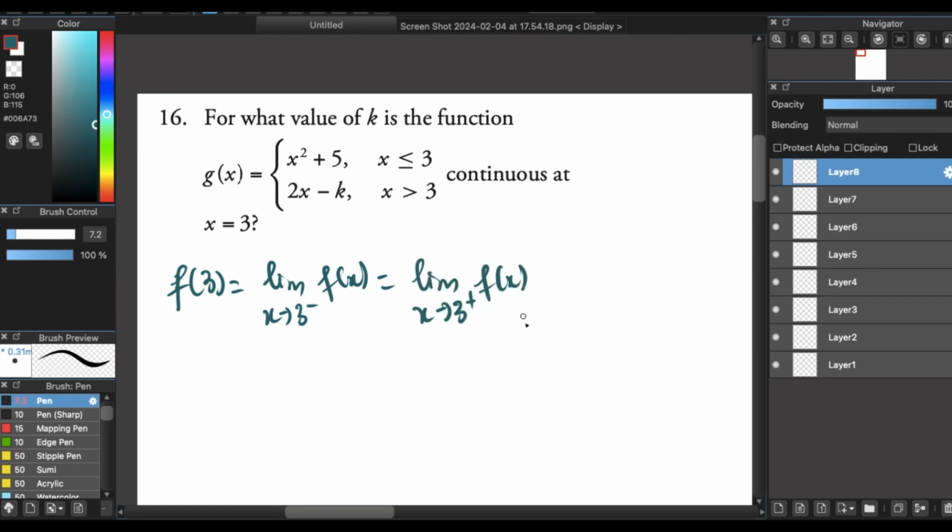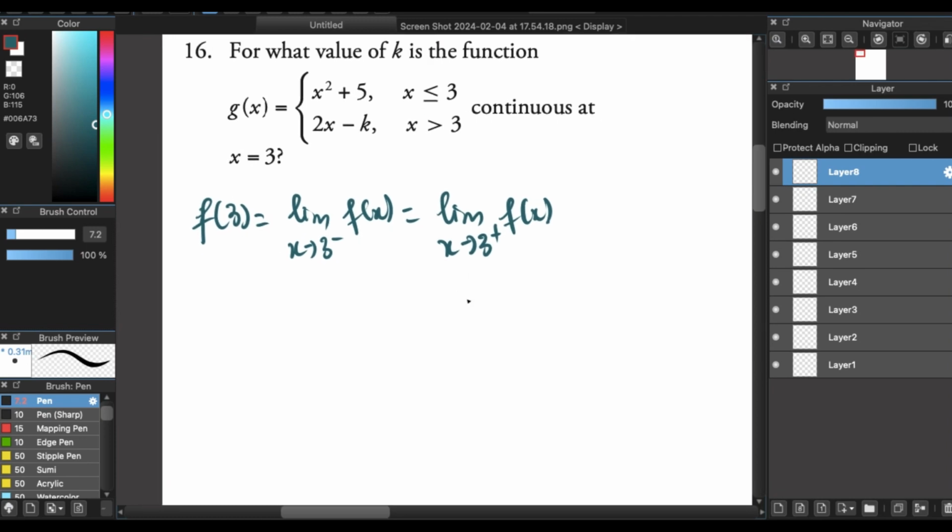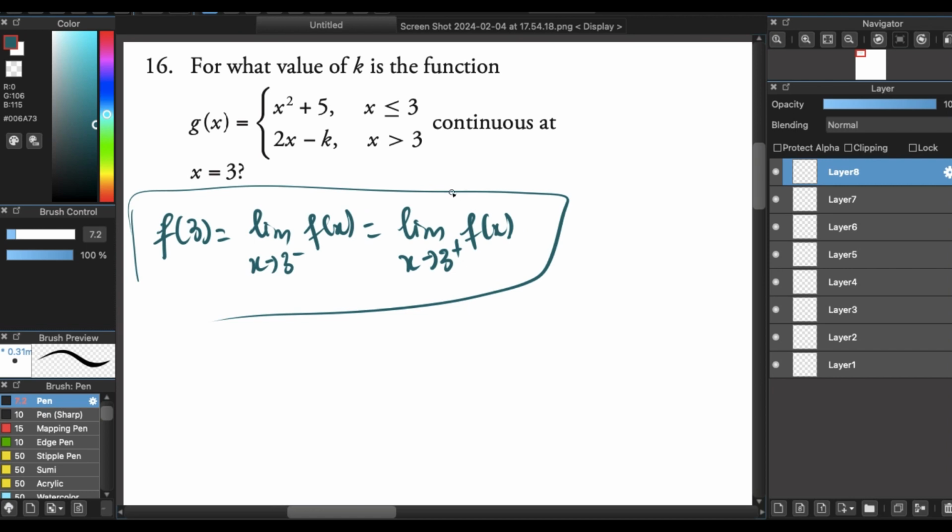This is what k must satisfy in order to make g(x) continuous at 3.